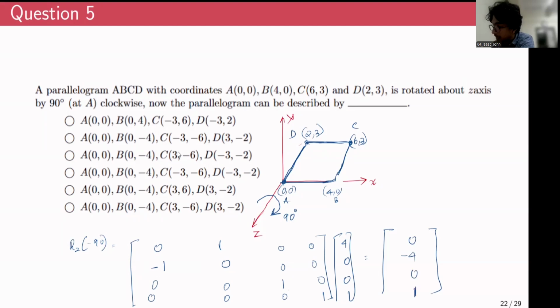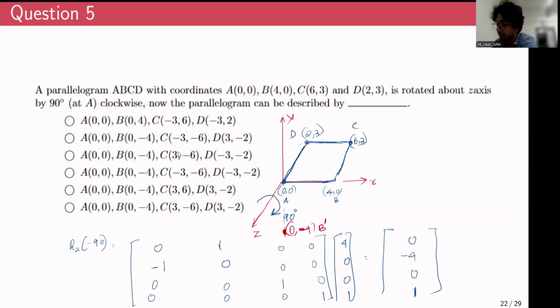So 4, 0 will come as 0, minus 4 once you rotate in the clockwise sense. So the new point would be here, 0, minus 4. This will be your new B dash.